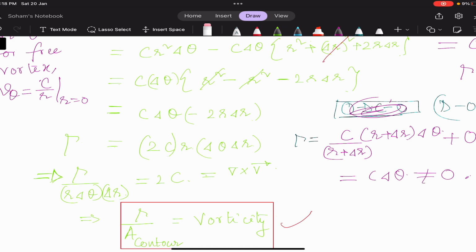So there is a criterion for the selection of the contour whenever you are calculating the circulation, that is you cannot take any contour which contains a singular point. So let me write it.